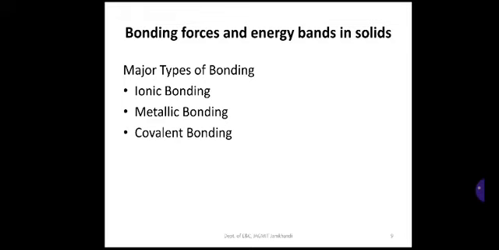They will share some of the valence electrons and they will be tightly bound together. They form a crystal. There are different types of bonding: the first one is ionic bonding, the second one is metallic bonding, and the third one is covalent bonding.